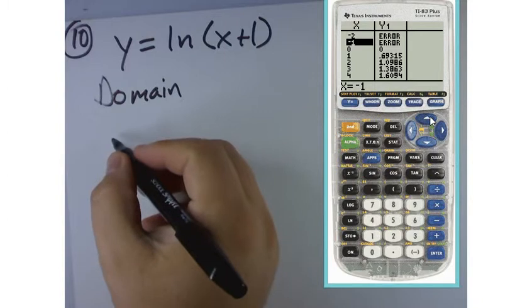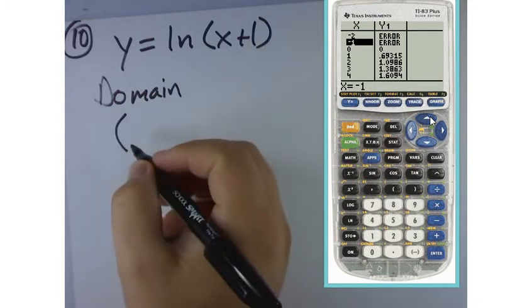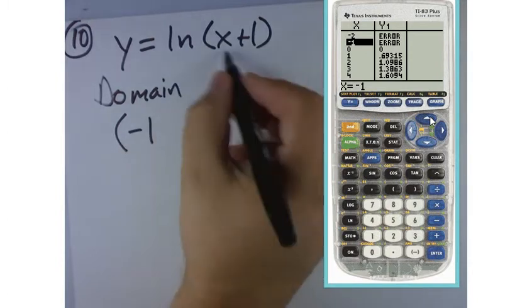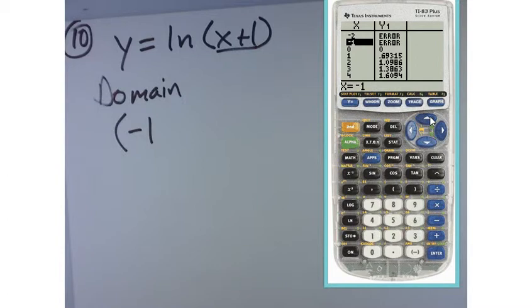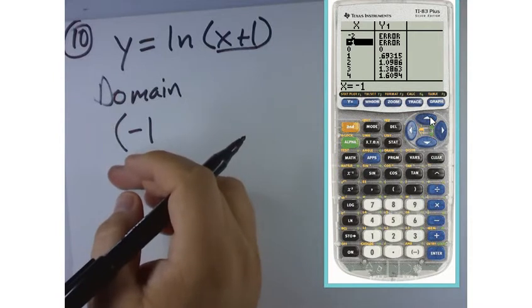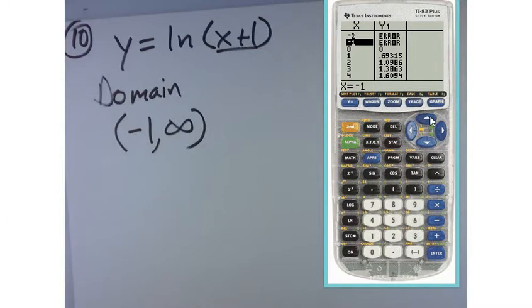So what's the lower boundary? 0. Well, because of this, though, it'd have to be negative 1. They can't go to negative 1. Yeah, that's why I wrote the parentheses. So this is the domain of the function.